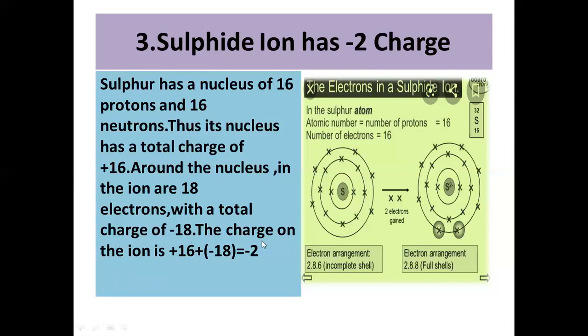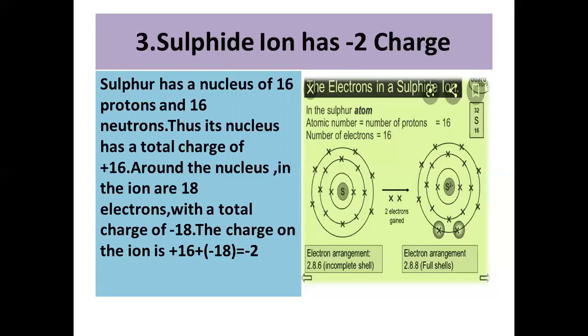So the charge on the ion is +16 for the 16 protons and -18 for the electrons. 16 plus -18 gives us -2. So sulfur from neutral form is converted into the sulfide form, which is -2.